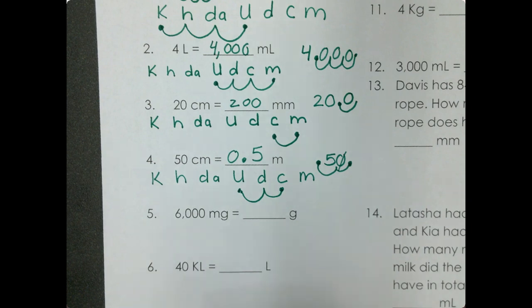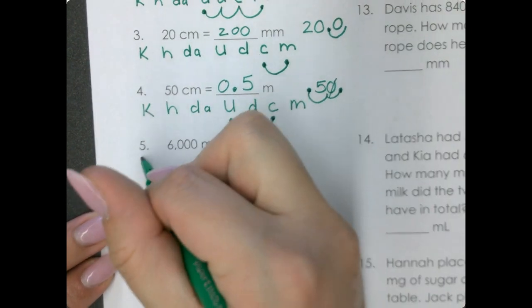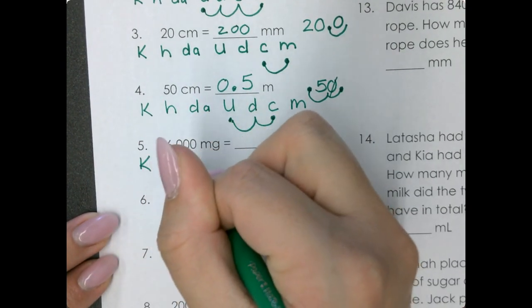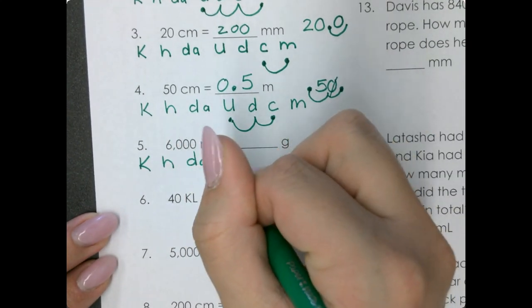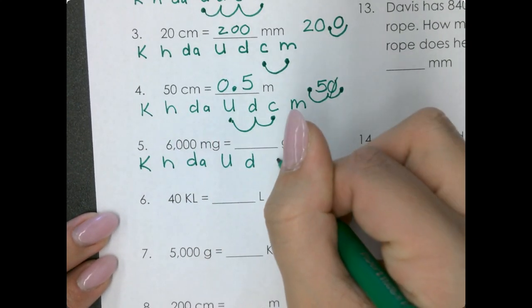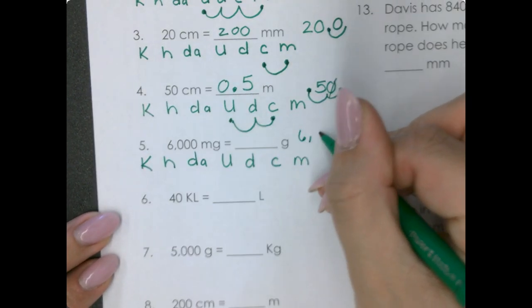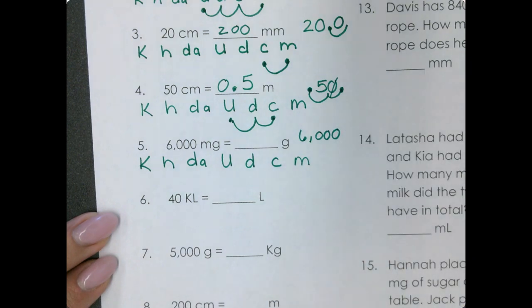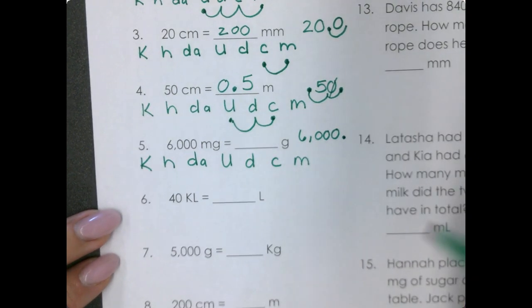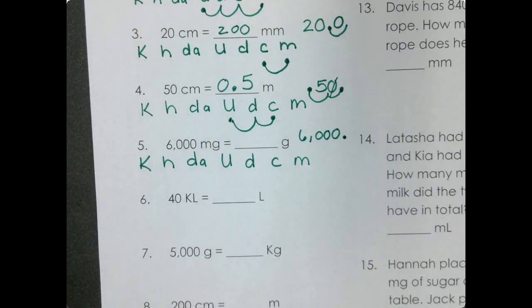Okay, let's do one more together. King Henry died unusually drinking chocolate milk. Our number is 6,000. Where's my decimal? Behind the zero. I'm going from milligrams, mg, to grams. What letter do I start and where do I go?